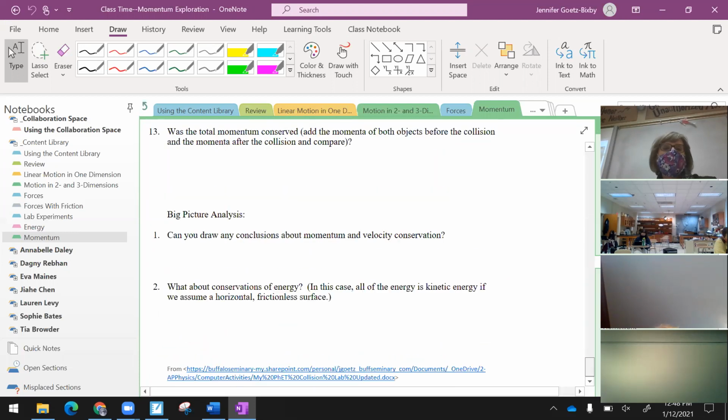So I think all the way at the bottom, can you draw any conclusions about momentum and velocity conservation? What was conserved? Was the velocity conserved before and after each collision? Every time?